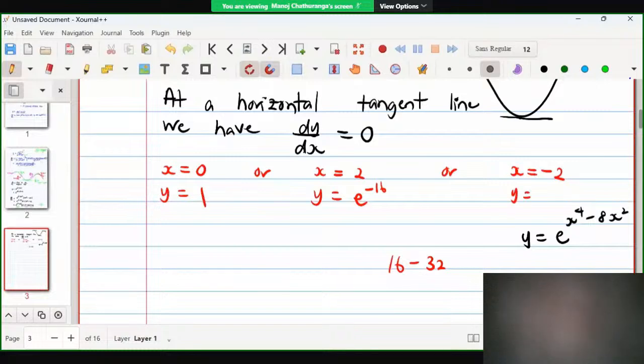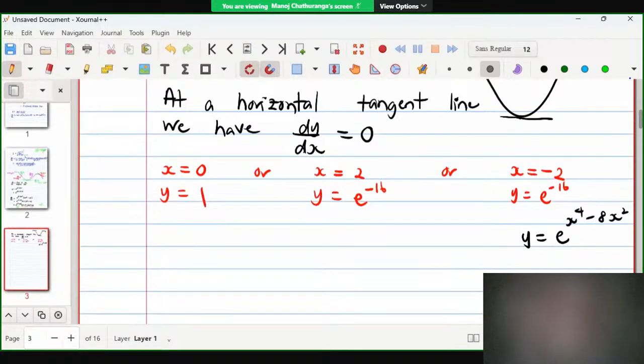Here again we get the same value, e to the power minus 16, because even if you have a minus sign here, once you take the fourth power or the second power, we don't see the negative sign anymore. So at these points we have critical points, and at those points we have horizontal tangent lines.